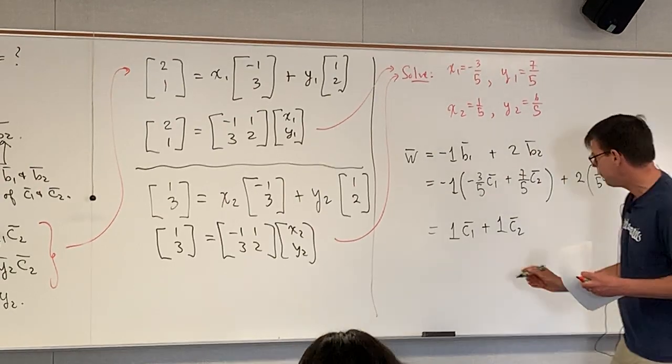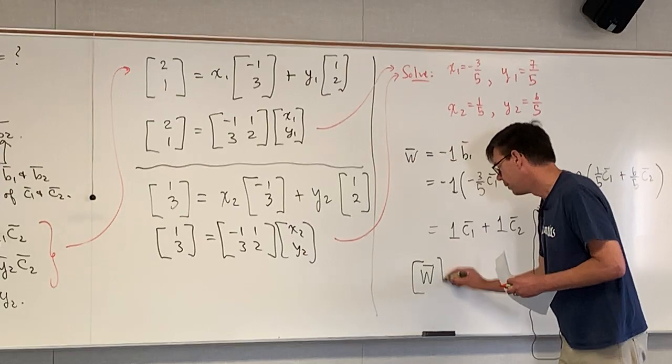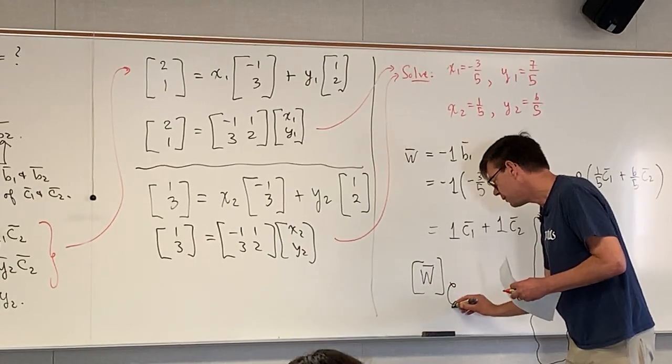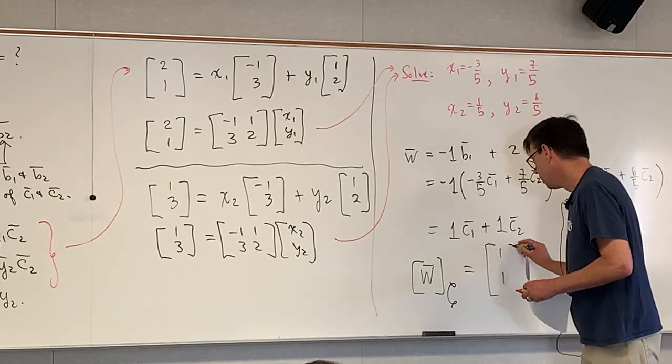So what do we have here? We can say W, using our fancy notation, C coordinates is 1, 1.